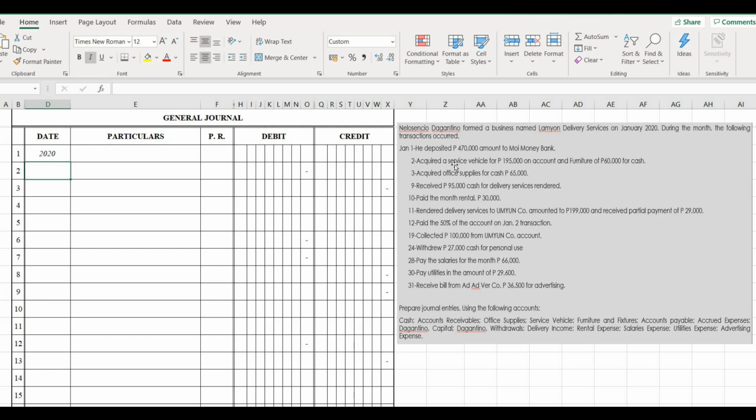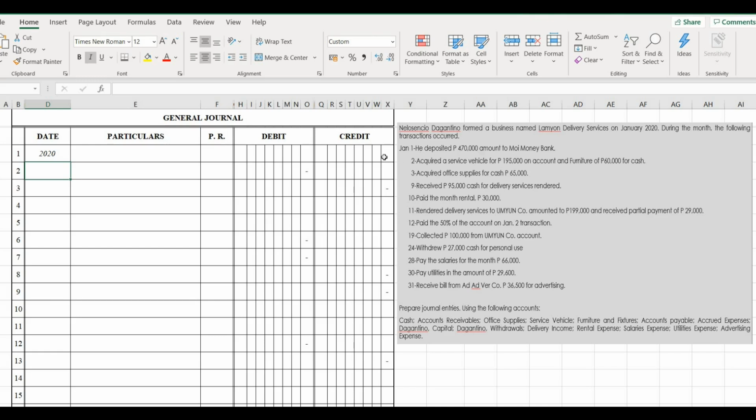So I have here for Nelosencio Dagantino, who formed a business named Lamyon Delivery Services in January 2020. During the month, the following transactions occurred. So for January 1, he deposited 470,000 to My Money Bank.